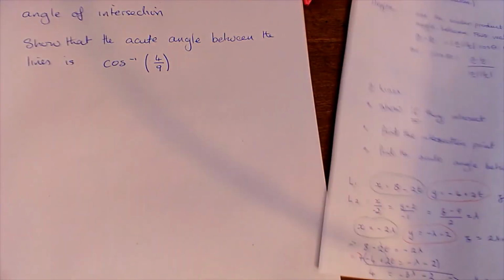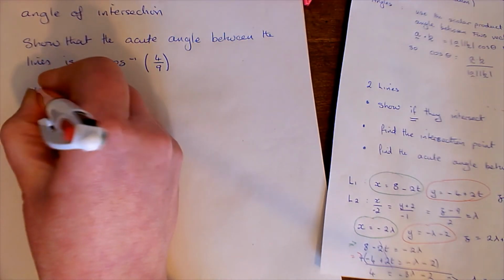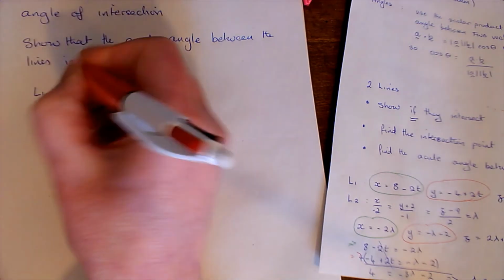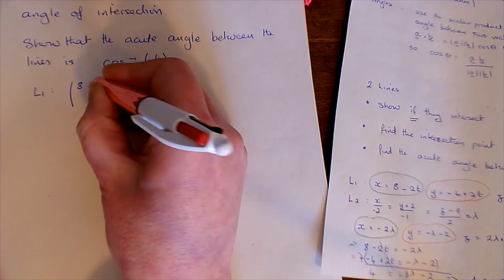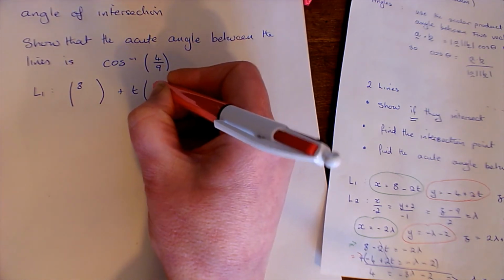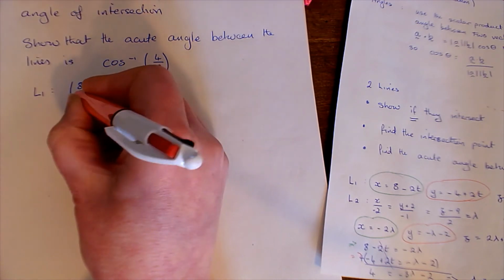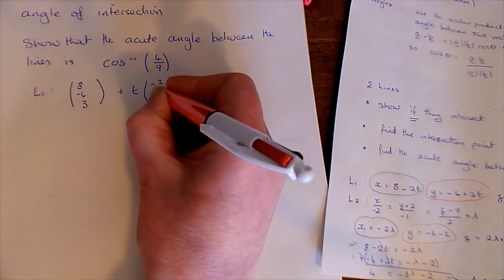So we can convert that into a vector form. So L1 becomes 8 plus t times minus 2. And you can see the y and z coordinates can come out into that as well.